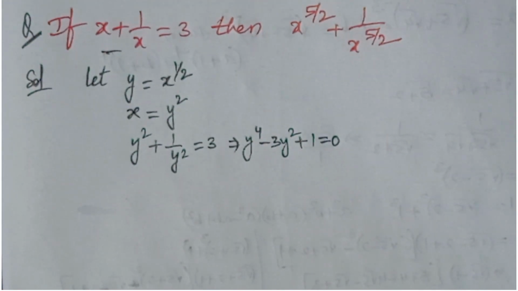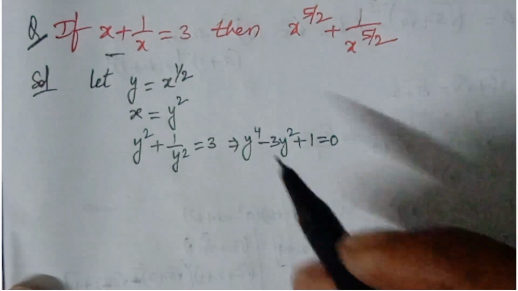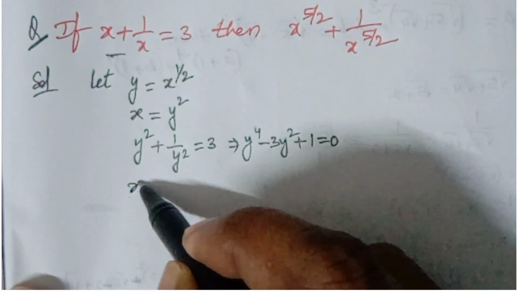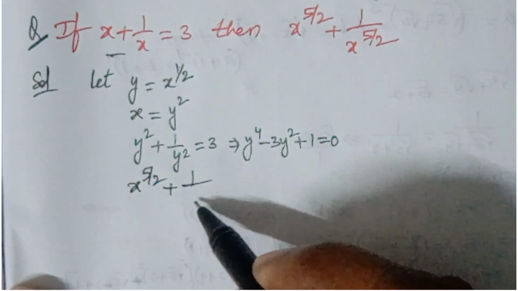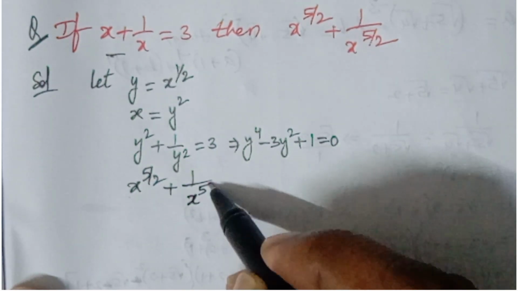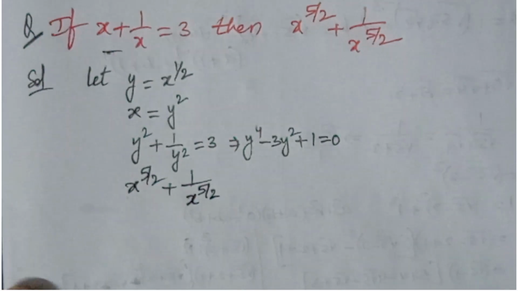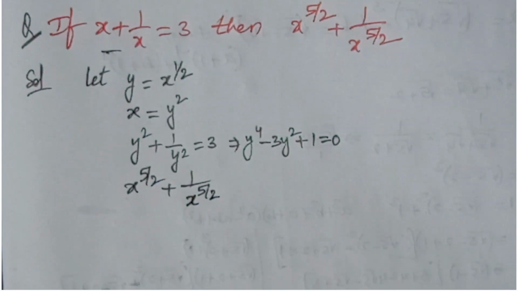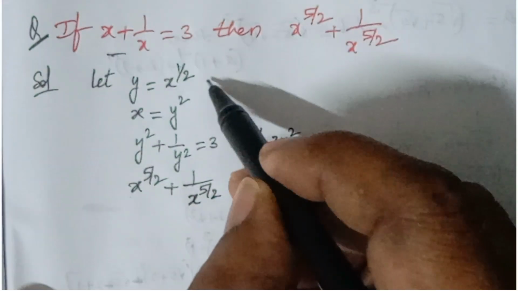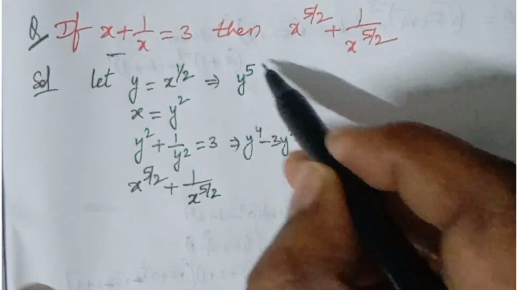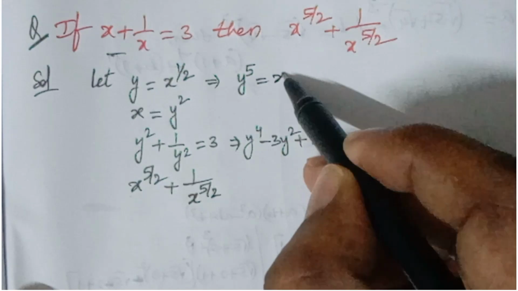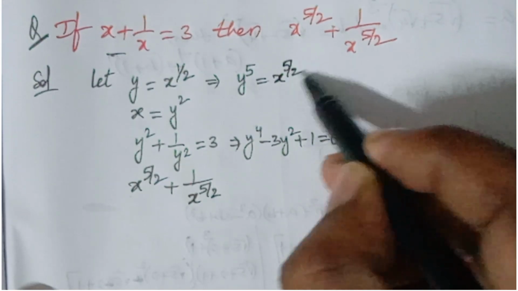Okay, but we required x to the power of 5 by 2 plus 1 by x to the power of 5 by 2. So how will you find these values? From here you can get y to the power of 5 is equal to x to the power of 5 by 2.